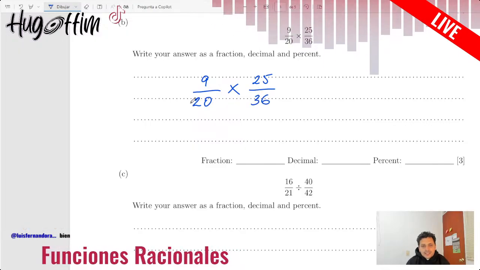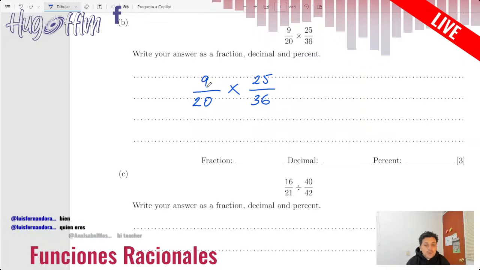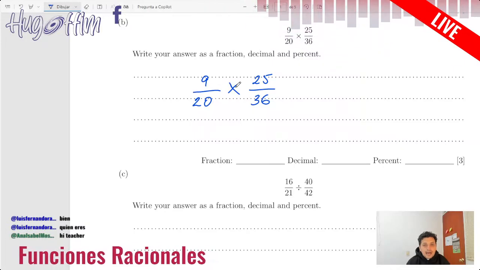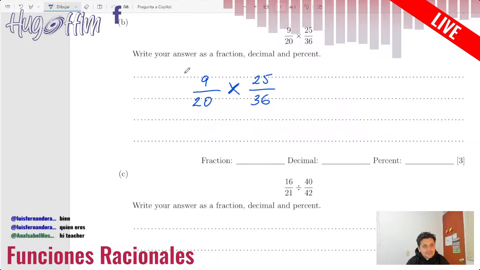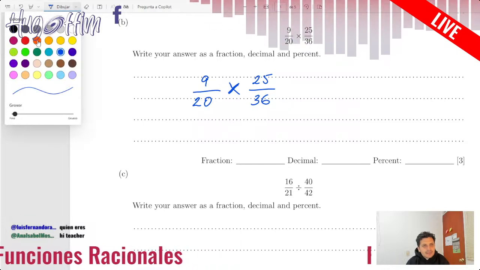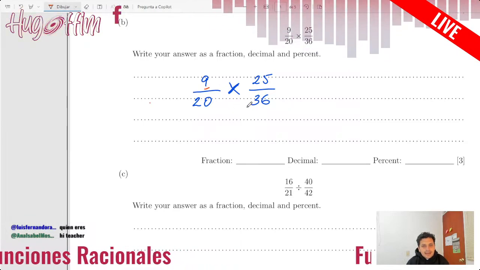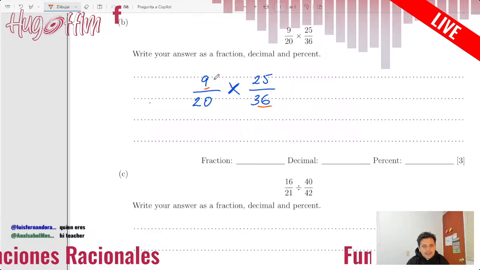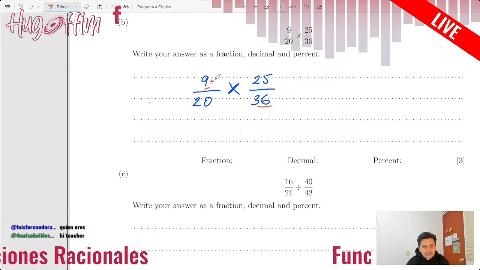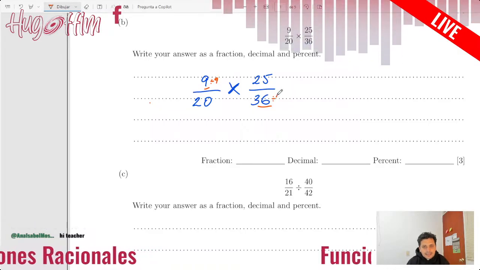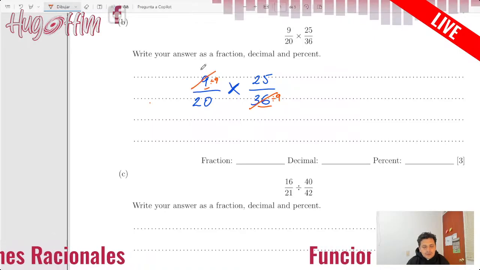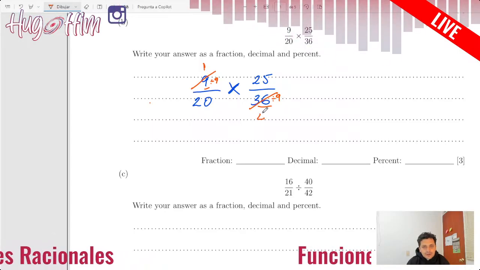Option 1 is that you identify common factors between one numerator and one denominator and perform the division. For example, 9 and 36 can both be divided by 9, so I got 1 here and 4 here.